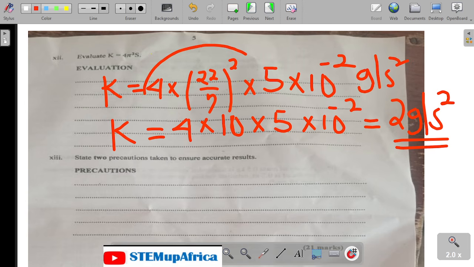The whole of this is constant, so we are still maintaining grams per second square.